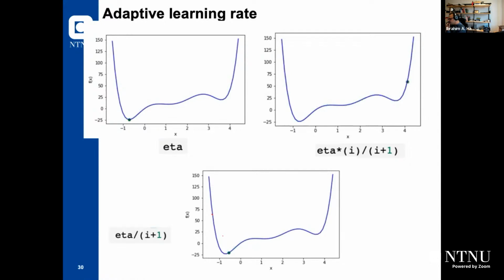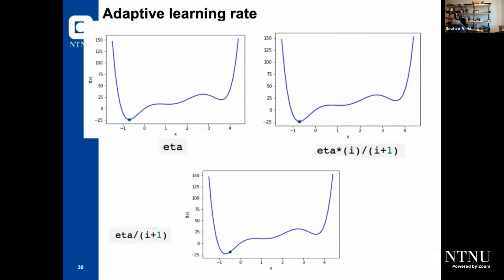So in this case, as you can see here, we are traveling at high speed at the beginning, and we try to reduce the speed when we are reaching our local minimum, right? When you divide it by I plus 1, the brake will be more tough here, in fact, as you can see in the figure in the bottom. I multiply eta by 1 divided by I plus 1. Which means at iteration number 1, we will divide by 2.